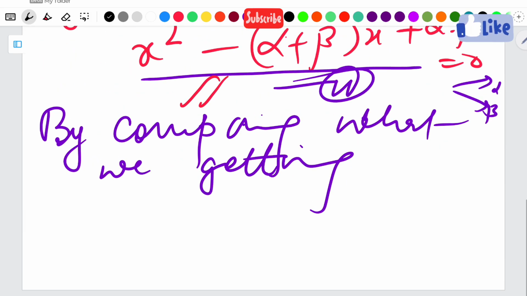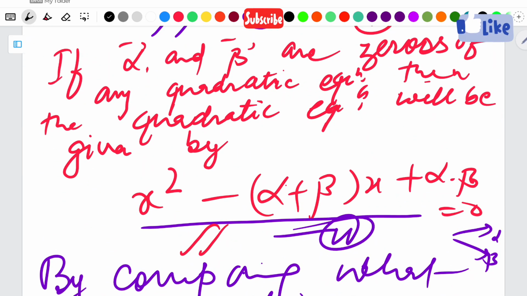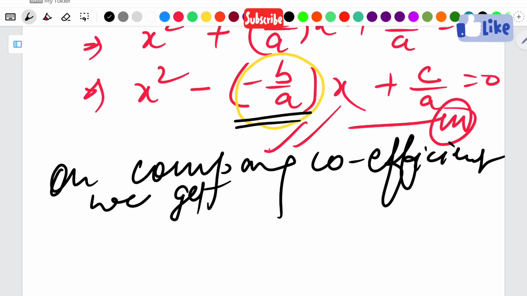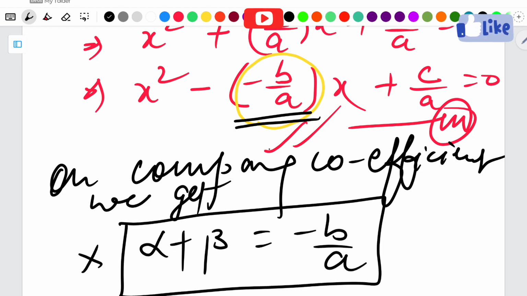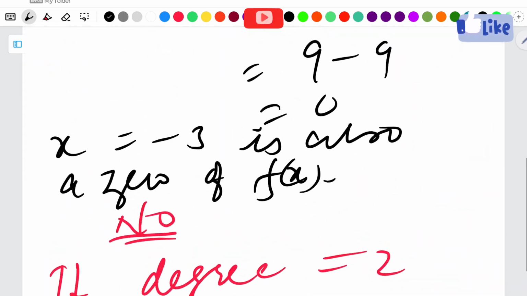See, in this equation, coefficient of x is alpha plus beta, and in this equation coefficient of x is minus b by a. So alpha plus beta is equal to minus b by a. This is a star mark result, which is very important, which will be required in solving problems related to quadratic equations.